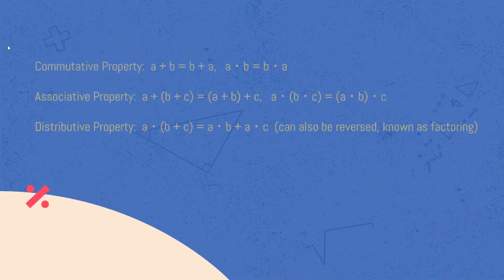So to sum it up, most of these arithmetic problems in Mathcounts are some manipulation of the commutative, associative, and distributive property. You've probably learned these. Just remember these. And also the distributive property can be reversed. This is known as factoring, when instead you take out a factor instead of multiply by a factor.